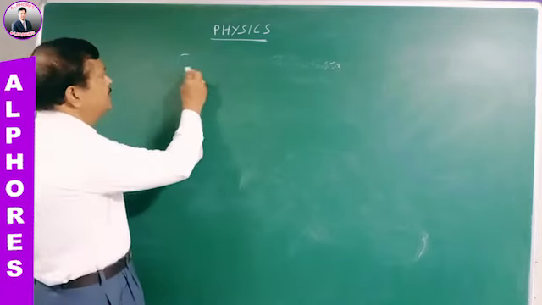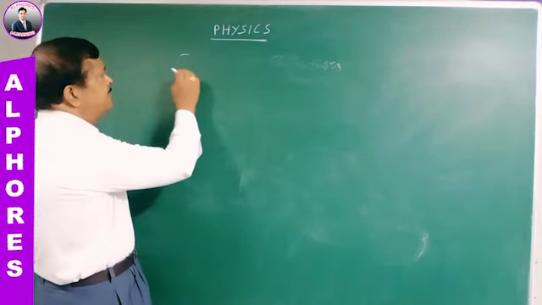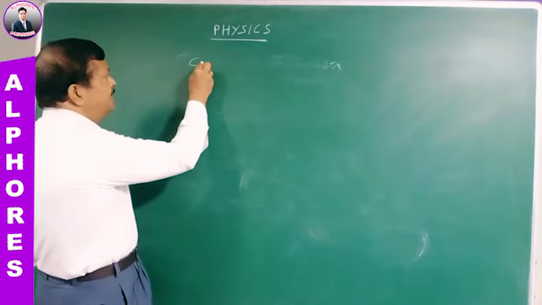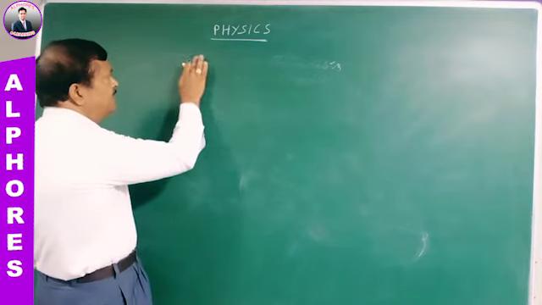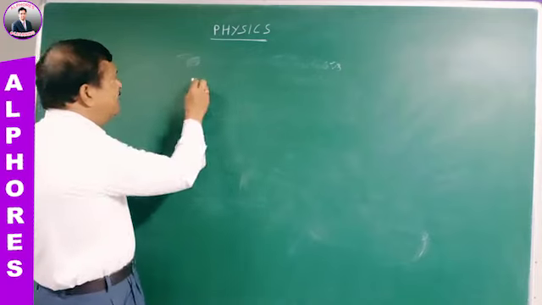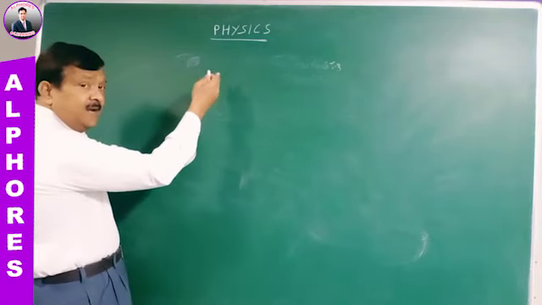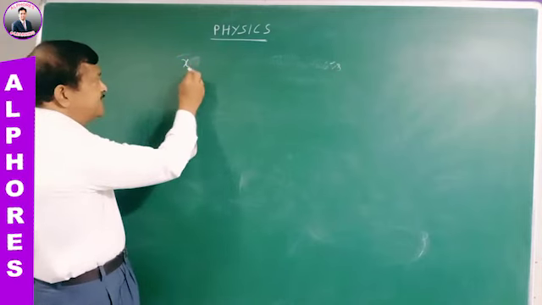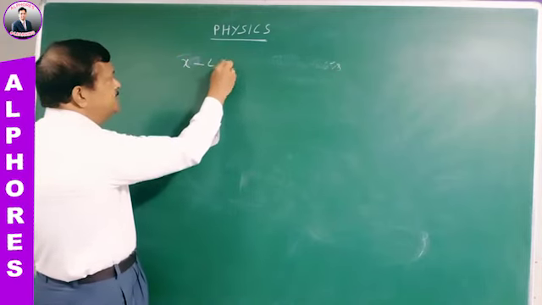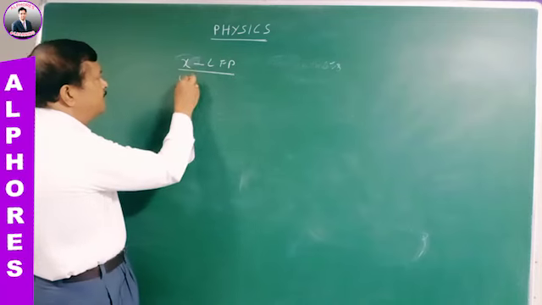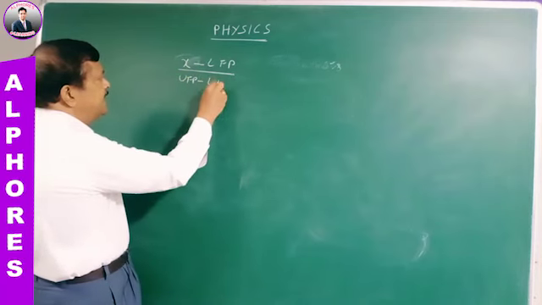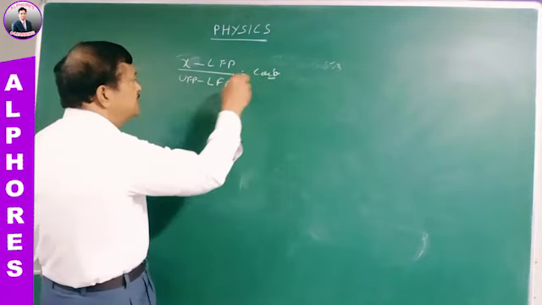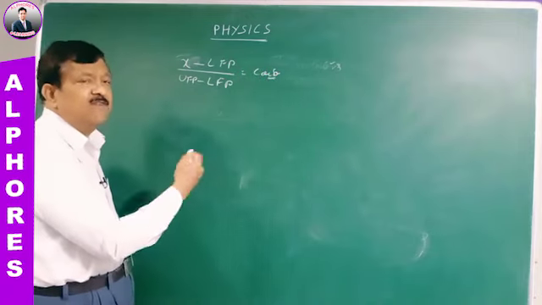Here, for the relation between different scales of temperature, we have given a factor that in any scale of temperature, if the reading given by the thermometer is X, then (X minus LFP) divided by (UFP minus LFP) remains a constant. This principle we can use for different scales.